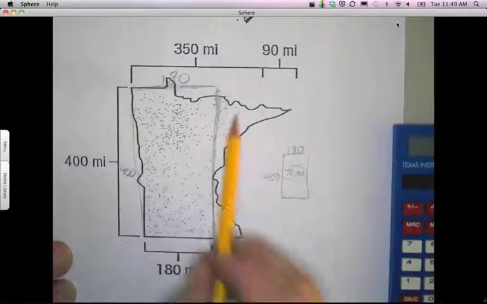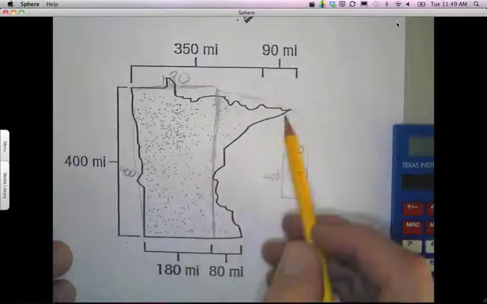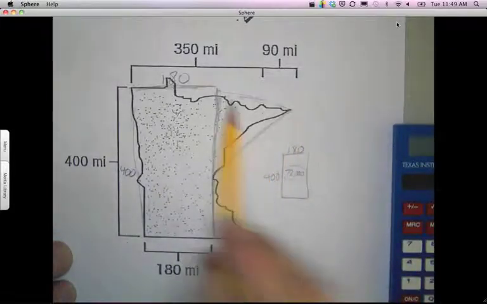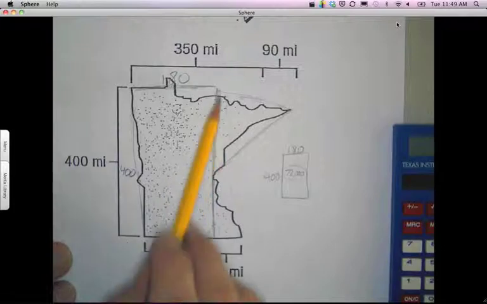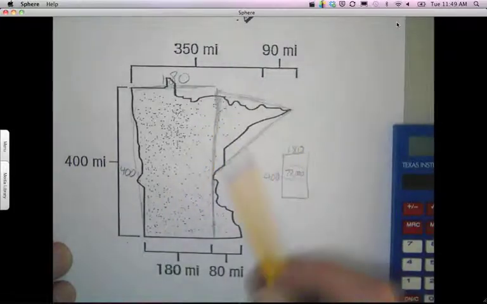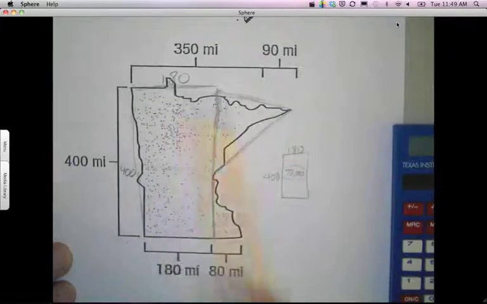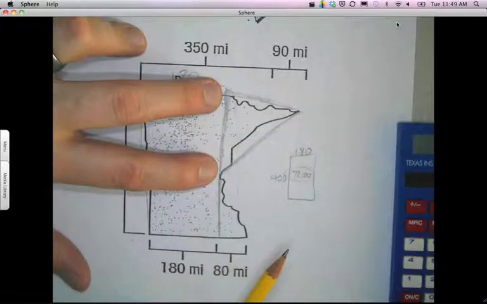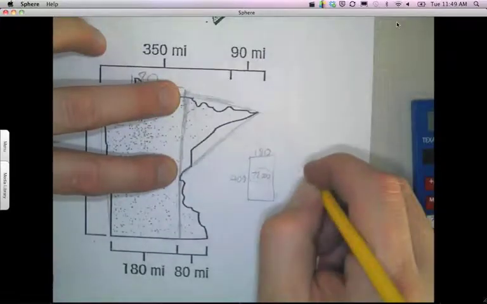Now all you have left is kind of a triangle right here, right? This is where you have to use some estimation to figure out all the different numbers. You've got a triangle that kind of looks like this. If you look at the height of it, about how far is that distance? About 200, exactly. So I have a triangle here.